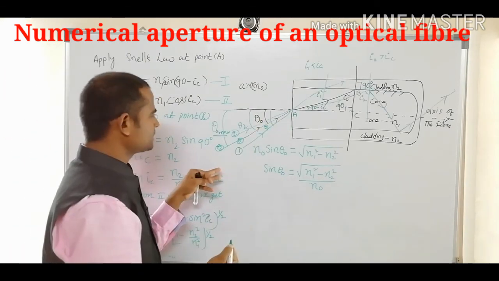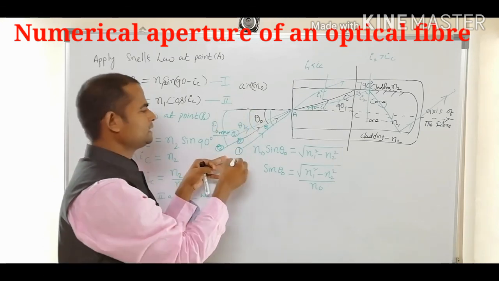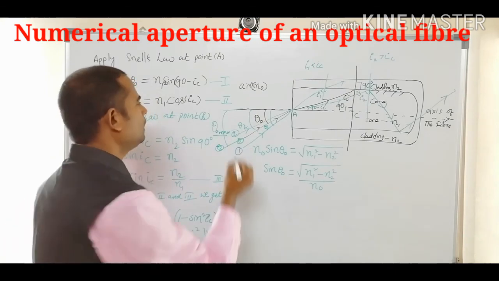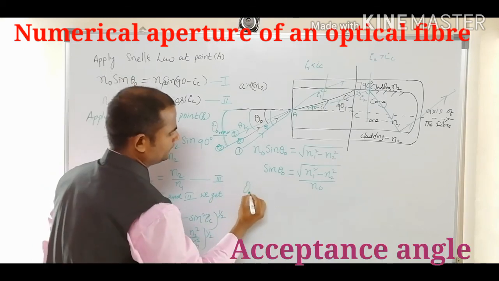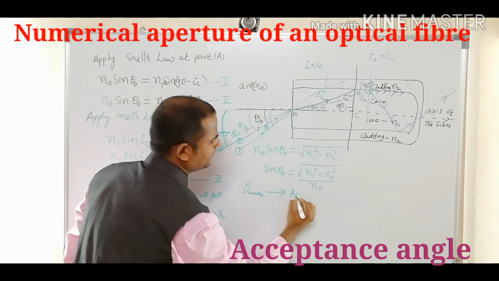If the incident angle in the interface medium is greater than that, the ray will not reach the other end. This maximum angle is known as theta naught max, the acceptance angle.